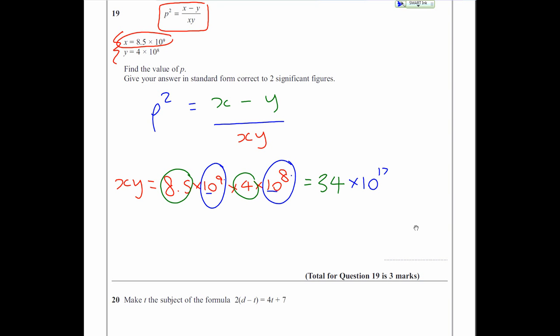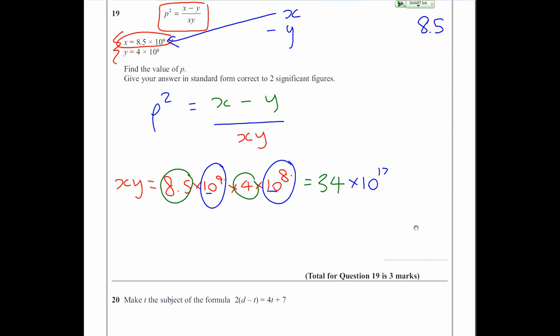x take away y is not very nice. Okay, it's really not. So, x on the top, 8.5 times 10 to 9. We're going to do x minus y written like this. Let me show you this slightly different way. 8.5 times 10 to 9.